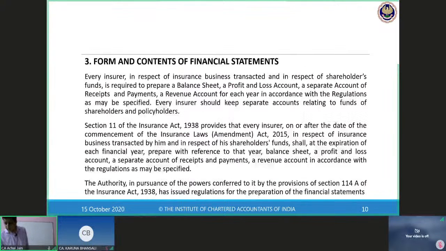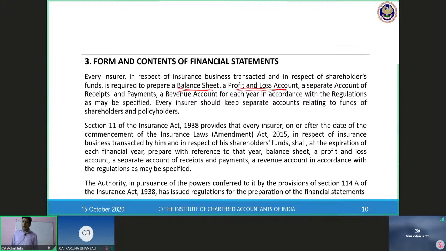Now all of these things we have discussed. Let's quickly talk about the form and the content of the financial statements. An insurance company will be required to prepare a balance sheet and profit and loss account. These two things are the same as what we see in case of any other company.